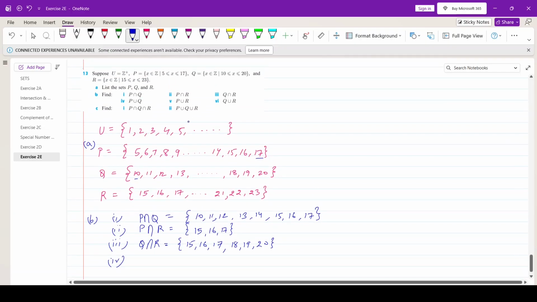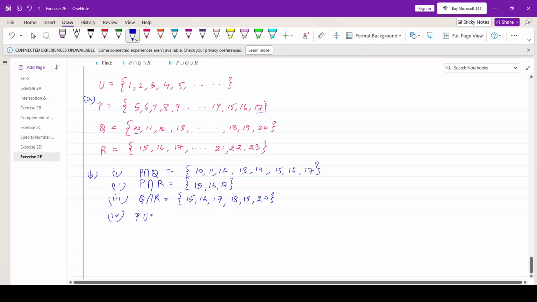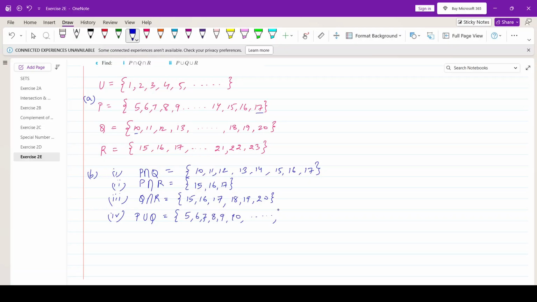Part 4 says P union Q. That will be everything in P and Q written once only. So that is 5, 6, 7, 8, 9, 10, and so on till 15, 16, 17, 18, 19, and 20.